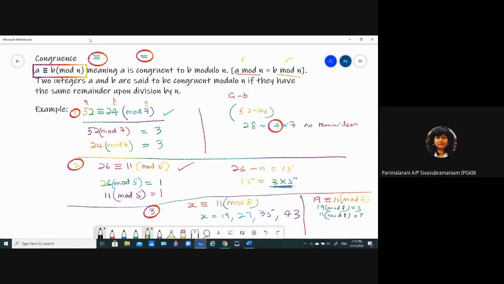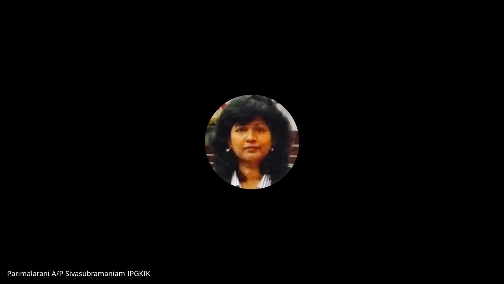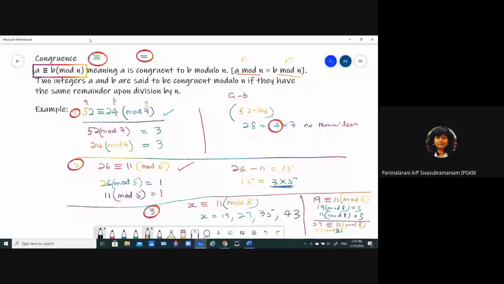Then we check one more: 27 is congruent to 11 mod 8. That means 27 mod 8 gives 3, same as 11. So you can put in any values here to find the congruence. Do you understand the concept of congruence? Yes.